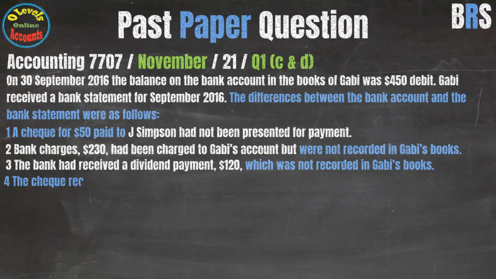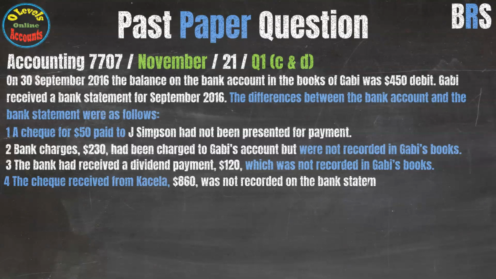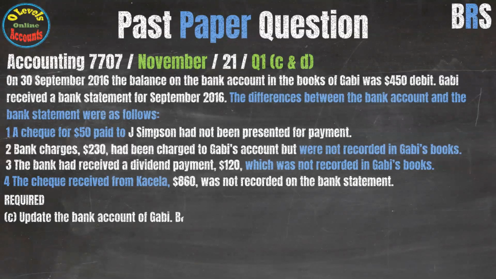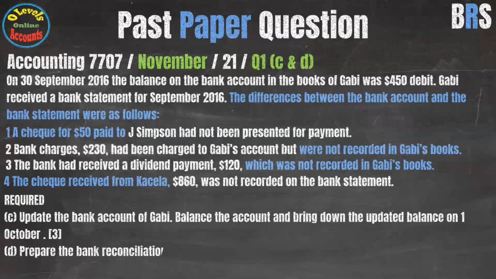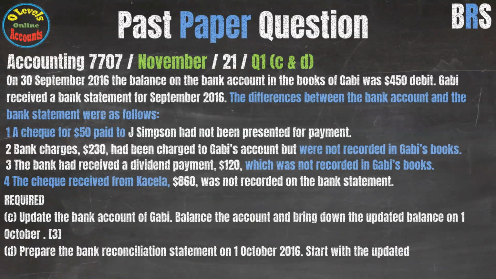The check received from Kaesler, $860, was not recorded on the bank statement. Requirement is, C. Update the bank account of Gabby. Balance the account and bring down the updated balance on the 1st of October. D. Prepare the bank reconciliation statement on the 1st of October 2016. Start with the updated bank account balance.